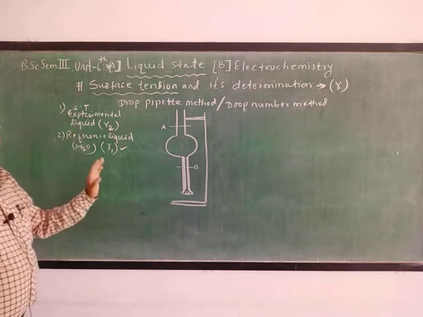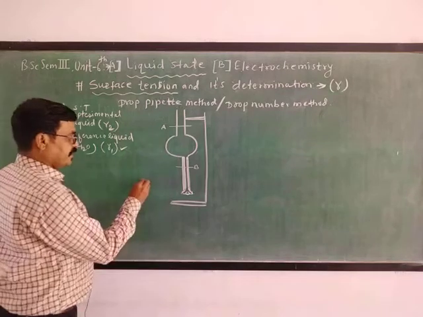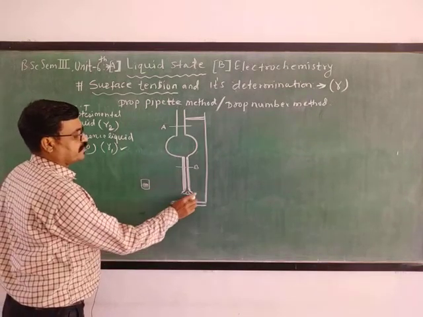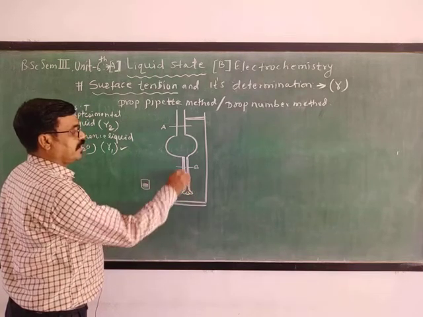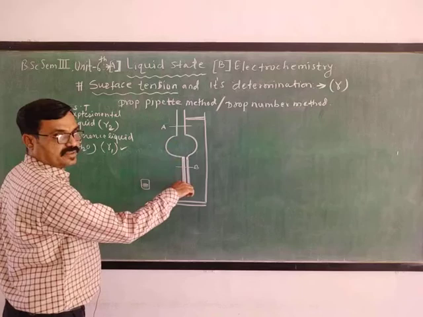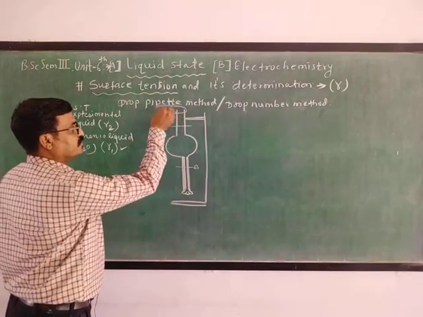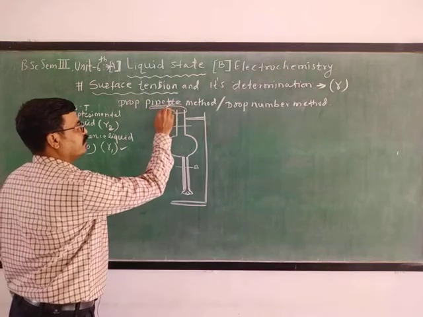Now, first of all, a definite amount of water is taken in a beaker. This beaker is kept here, and this stalagmometer is dipped in it, and here there is a glass tube with a pin.